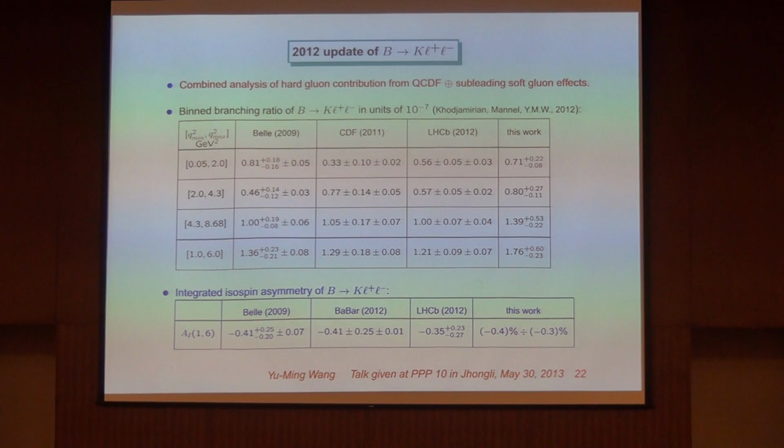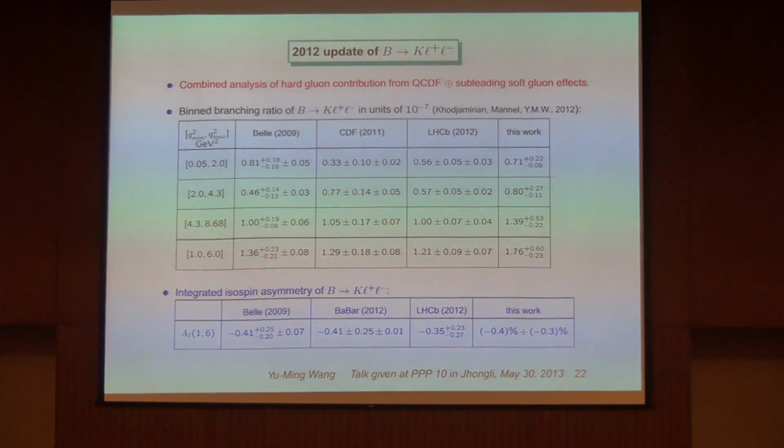This second table shows the integrated isospin asymmetry of B to K ll. As I mentioned before, all three experimental groups, Belle, BaBar, and LHCb, claim that there is a large isospin asymmetry in the large q squared region, albeit with large uncertainties. Theoretically, we only predict these isospin asymmetries at 1% or even less.